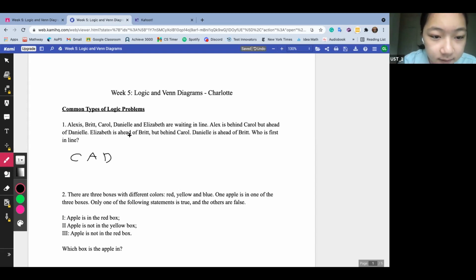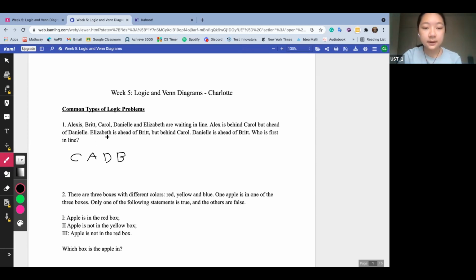So Elizabeth is ahead of Britt, but behind Carol. And then we also have Danielle is ahead of Britt. We don't have much information about the people in the third sentence, so I want to do this one first. Danielle is ahead of Britt, so that means Britt is going to be here.